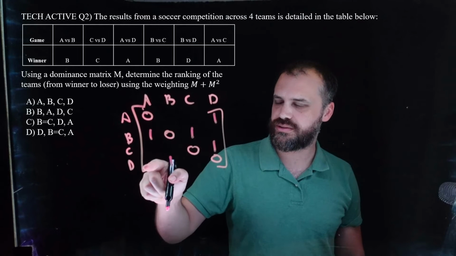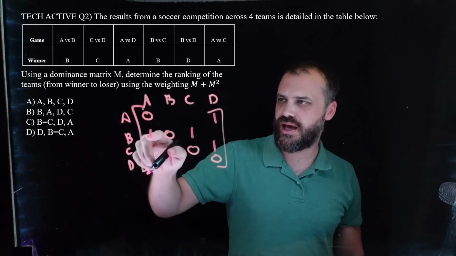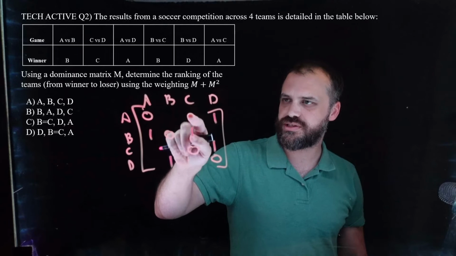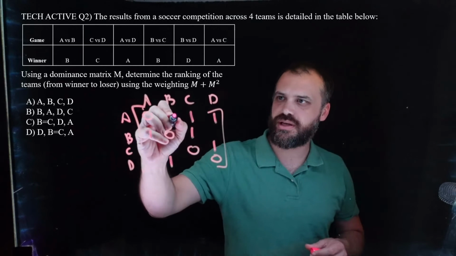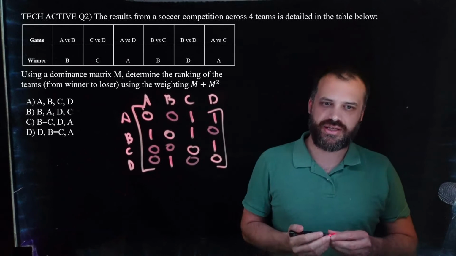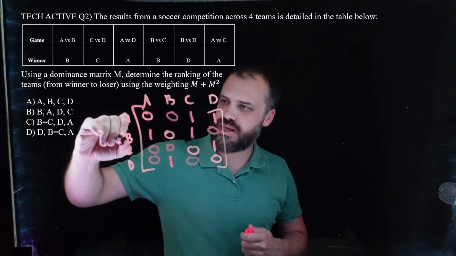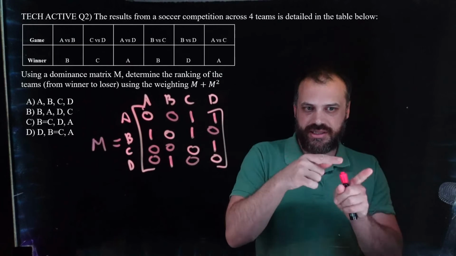Alright, there. D beat B. And then A versus C, A won. I've double checked that. I'm happy with it. Everything else is like losses or doesn't exist. So that's all zeros. This is my M matrix, and I need to do M plus M squared.